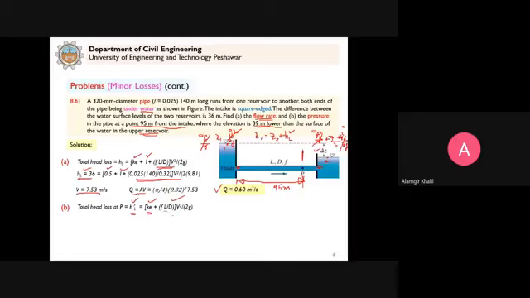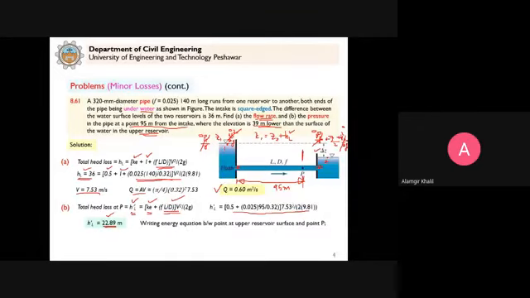That is why we have to consider this major head loss. Now what we do is this HL dash, that you can easily calculate, since we have calculated all these parameter values, and this HL dash comes out to be 22.89 meter.